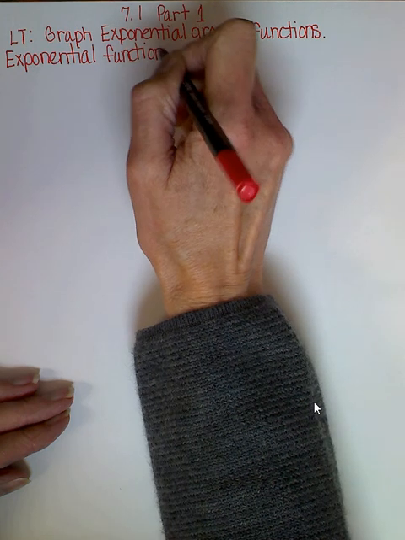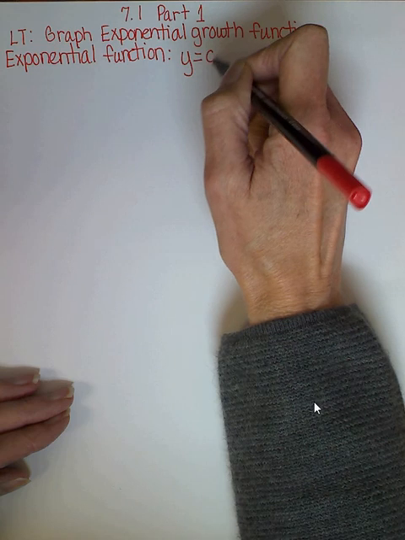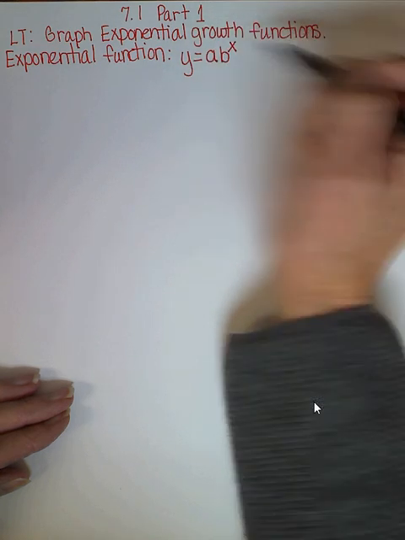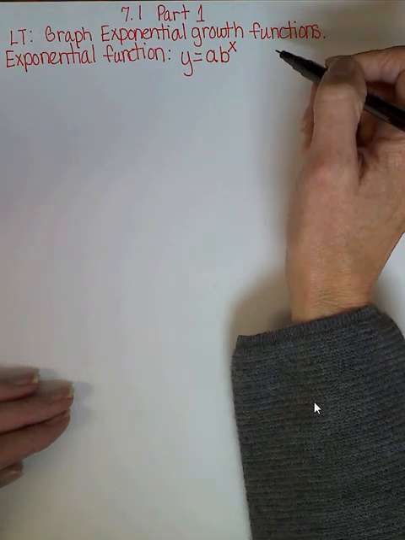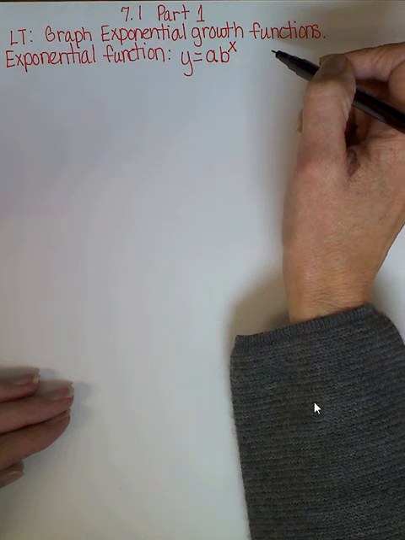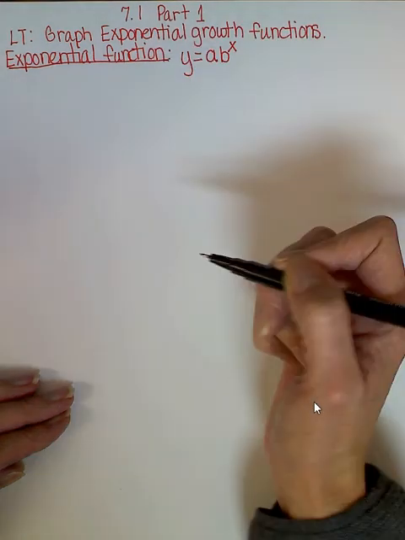The formula for an exponential function has 2 numbers, and the second number has a variable in the exponent spot. When you see an x or another variable up in the exponent, this should cause you to think exponential function.